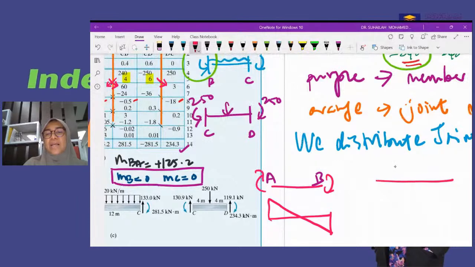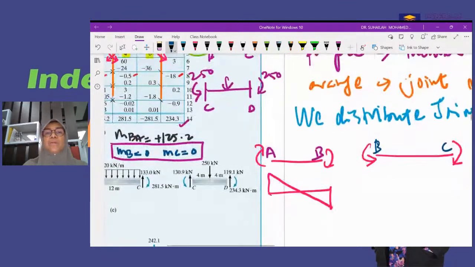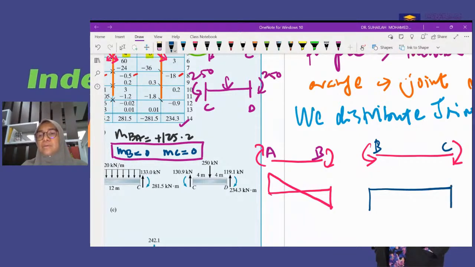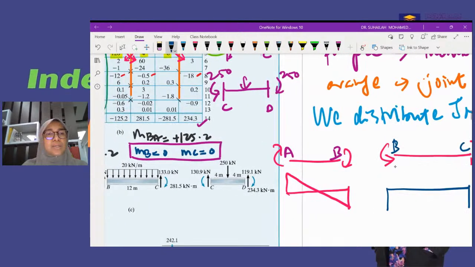This is B and C. Along member BC, it has a UDL, so we should get a diagram where it looks like this.